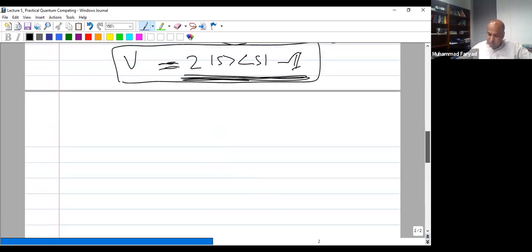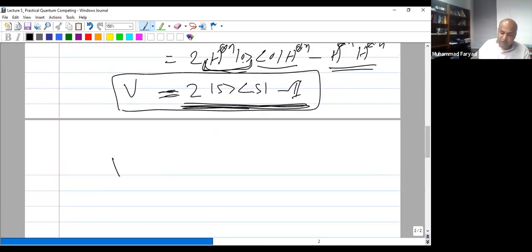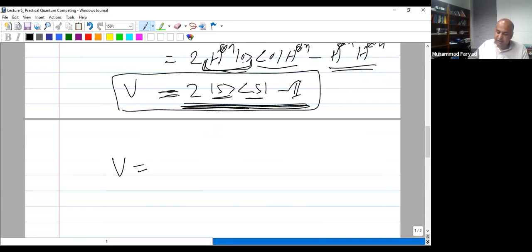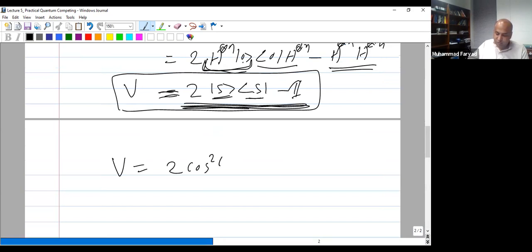All right, and this will make our life a bit easier, because I can now work out this V very easily. I can put the expression for S over here and the expression for S over here, and then multiply them all together. So what we will get is cosine squared theta by 2. Remember, this S was cosine theta by 2 W perpendicular plus sine theta by 2 W. So when you make a product, you will get this final result: plus 2 sine squared theta by 2 |W><W|.